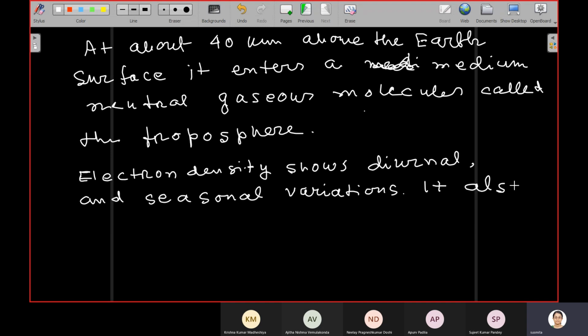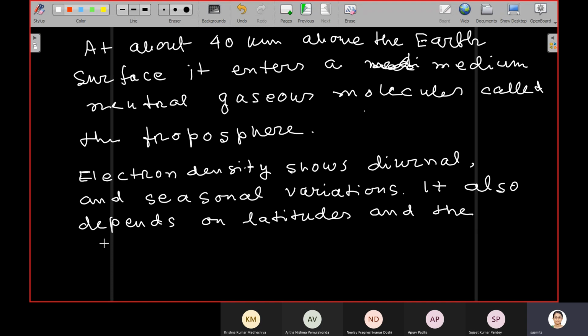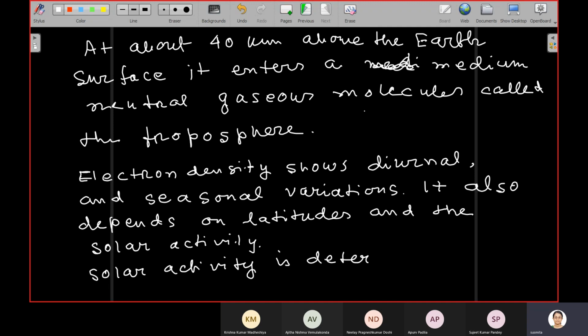It also depends on latitude and the solar activity. The solar activity is determined by the solar magnetic field.